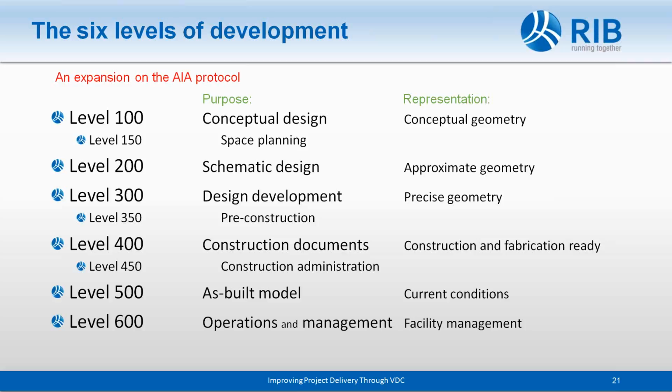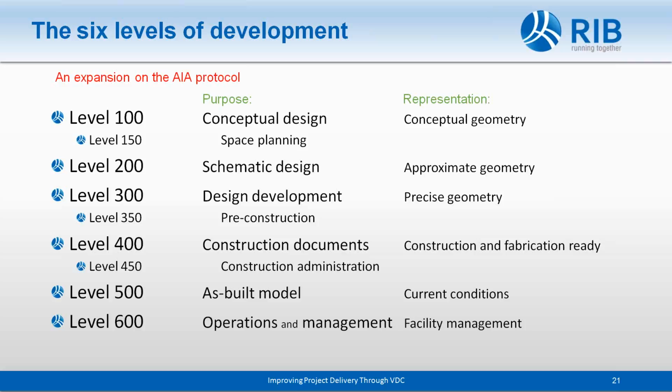Okay, levels 500 and 600 are post-construction levels. Think of level 500 as an as-built, and that's your current conditions. And when you move into level 600, it contains all the necessary product information you need for operations and management of the facility.